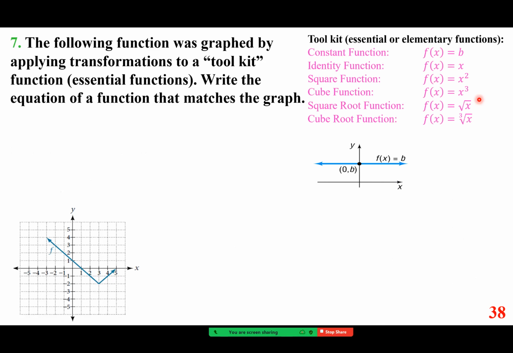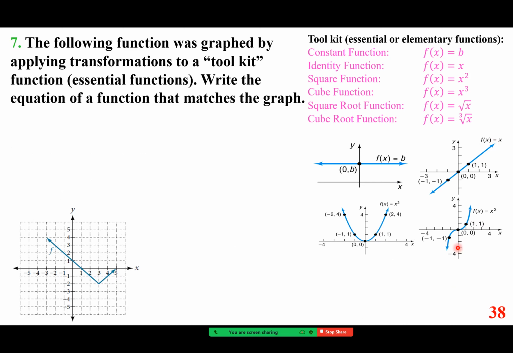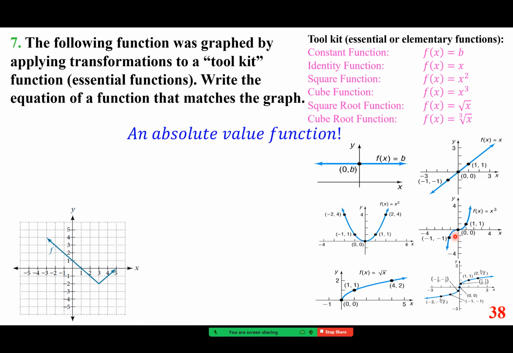This is the constant function f of x equals b. This is the identity function y equals x. This is y equals x squared. This is the cube function, square root function, cube root function. So you should have the general idea, and there are a few more functions coming up. Another one is the V shape for the absolute value function.